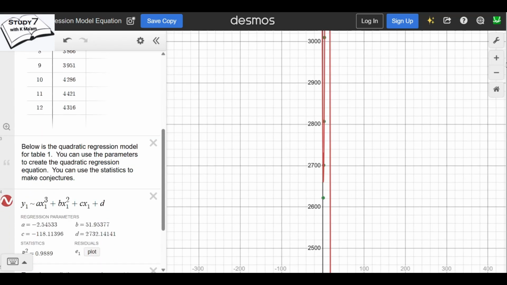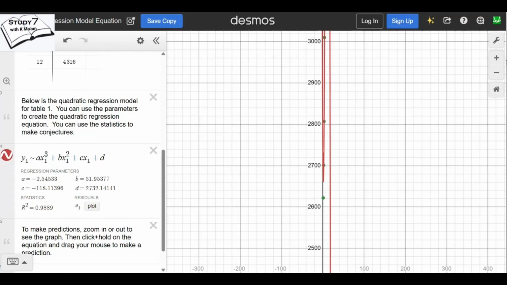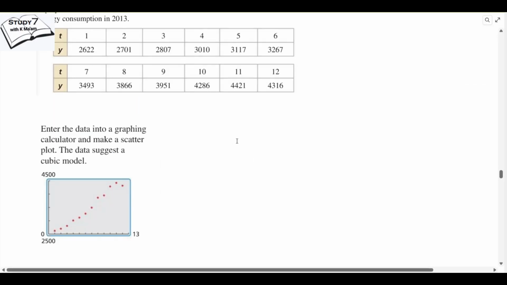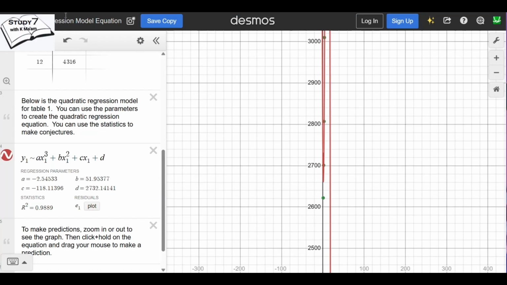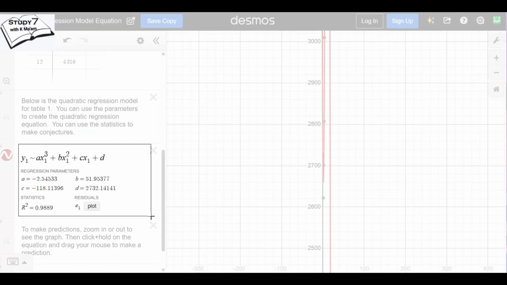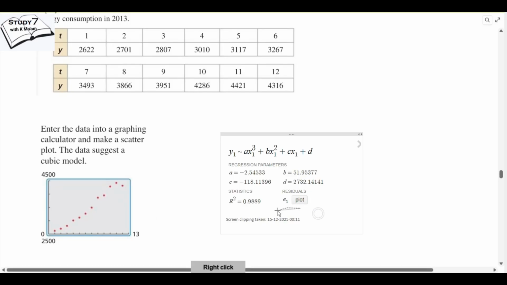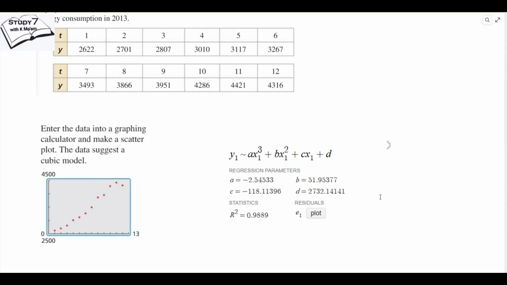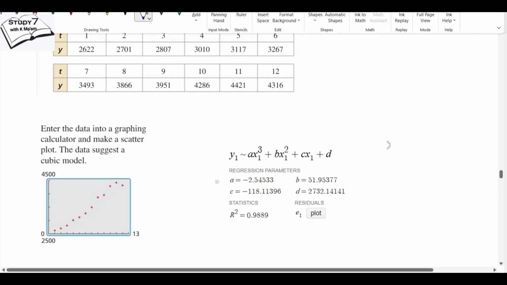This is the cubic equation in which the a coefficient is -2.545, something like this. Let's take this one. I will write this here. As I have the values for the coefficients, we are able to find the cubic equation.